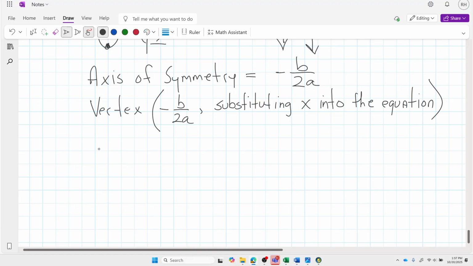All right, so what we're going to do today and what you're going to do in your practice problems, here's what the directions are going to look like.